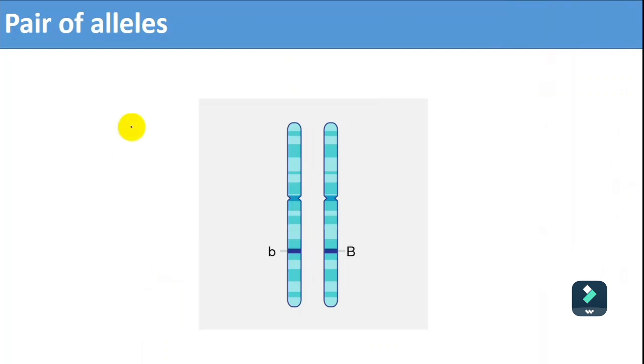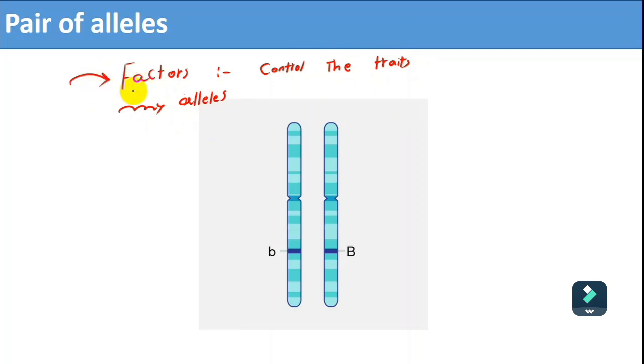So again, we said that the factor controls the traits, and each factor consists of two alleles. First of all, you have to understand that the other name of factor is gene.